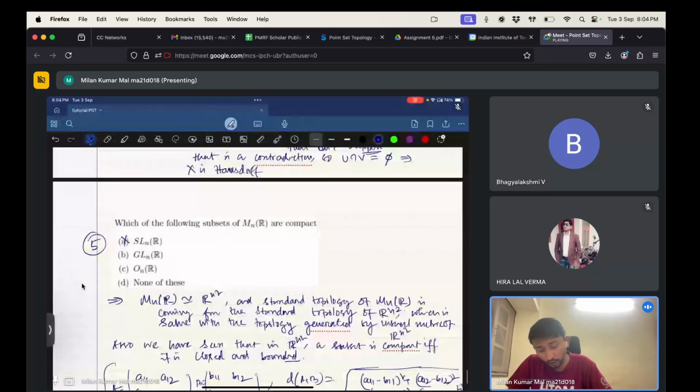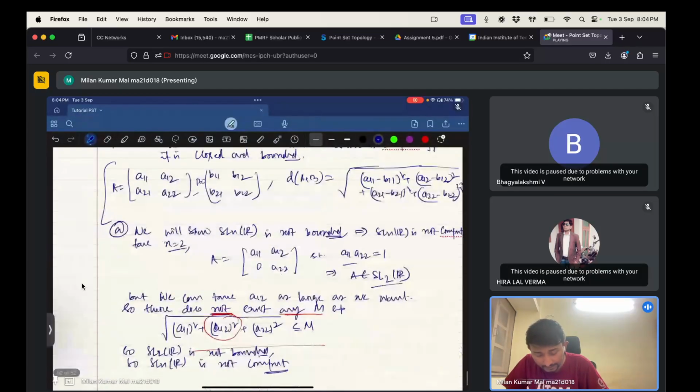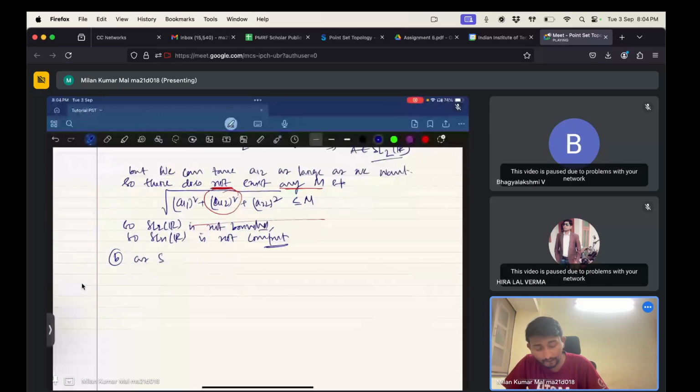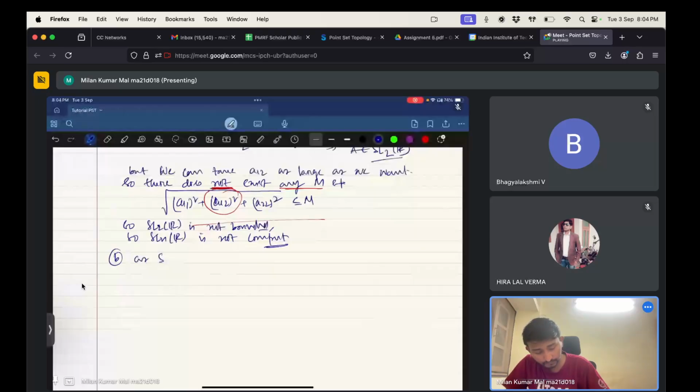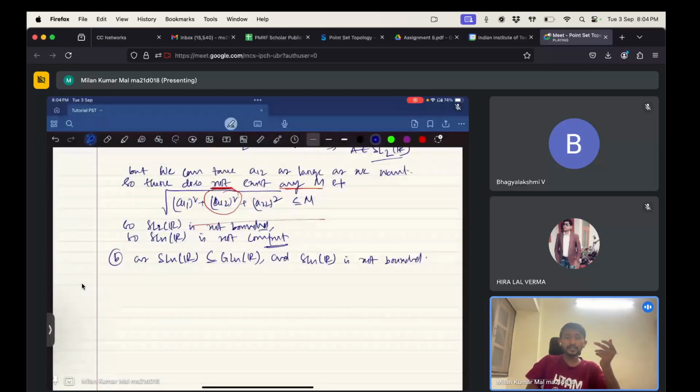Now option B is also false, because SLnR is contained in GLnR and SLnR is not bounded, and it should be bounded only for n greater than 1. If n equals 1, that will be a single element, which is bounded.